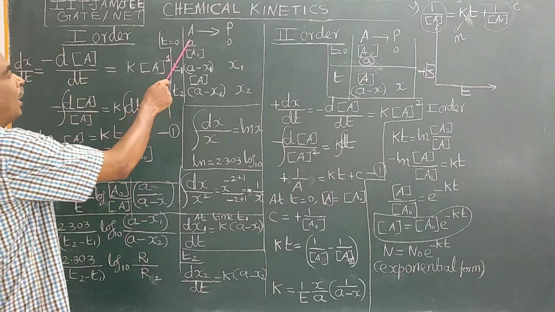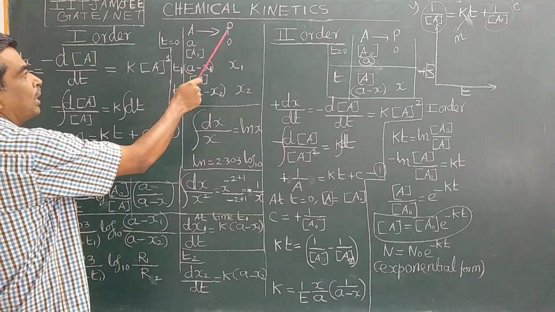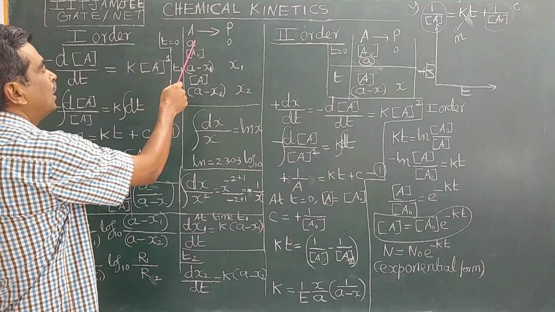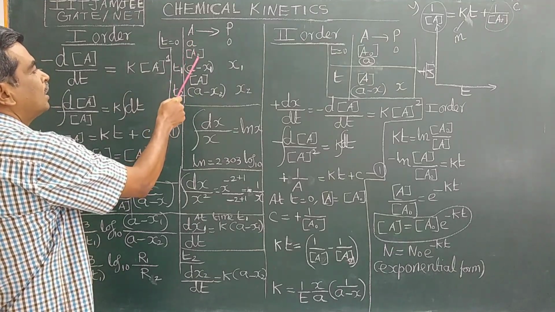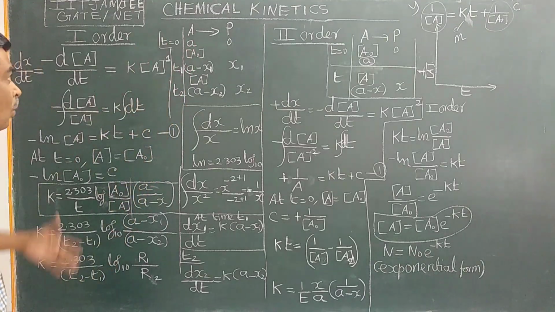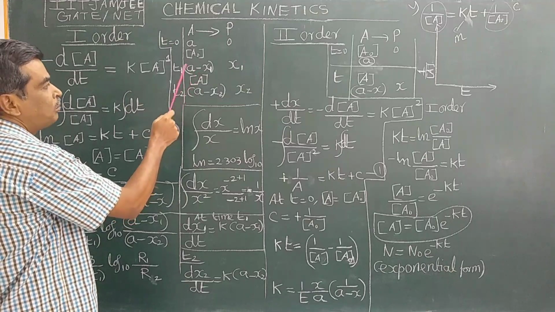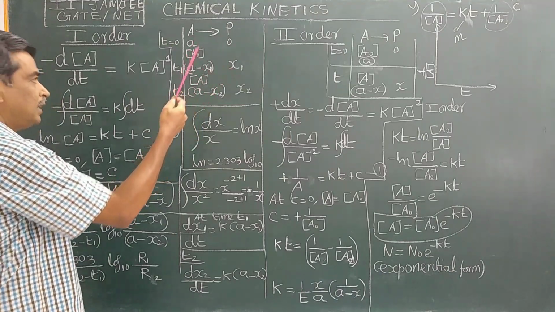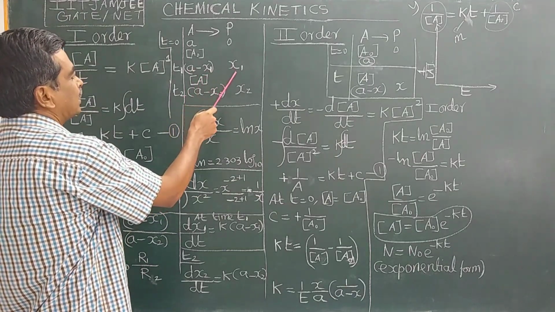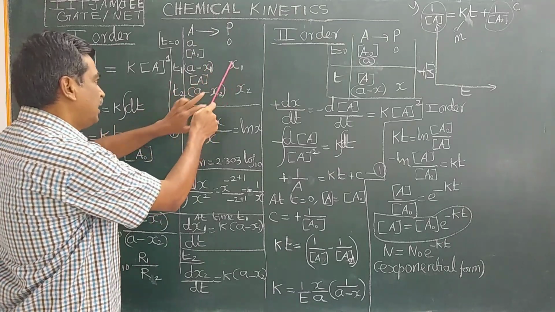0, the concentration of A is A, and the product is 0, because there is no product formed. In your textbook it may be given as A0, the initial concentration. After some time T1, X has reacted, therefore the concentration remaining is A minus X, for example A minus X1 at T1.